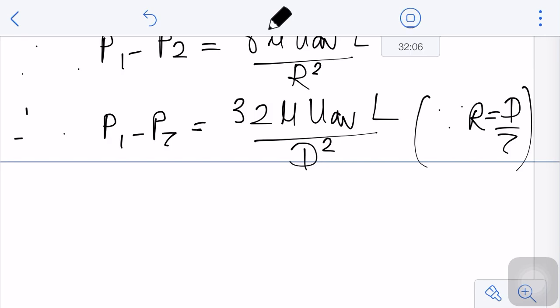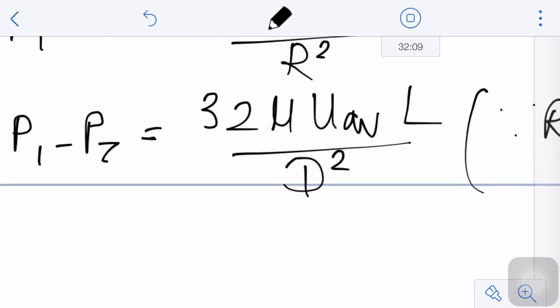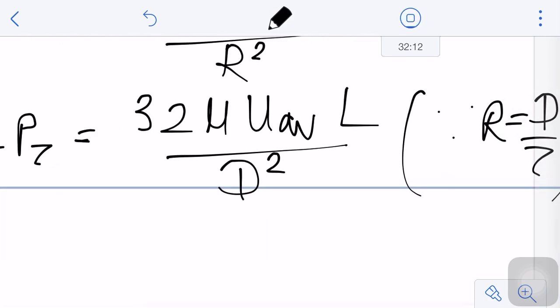So we can try to further simplify this equation by multiplying with pi by 4 d square, which is nothing but the area of the pipe, in numerator and denominator both.